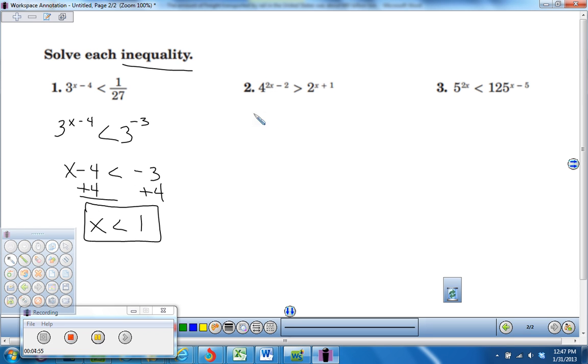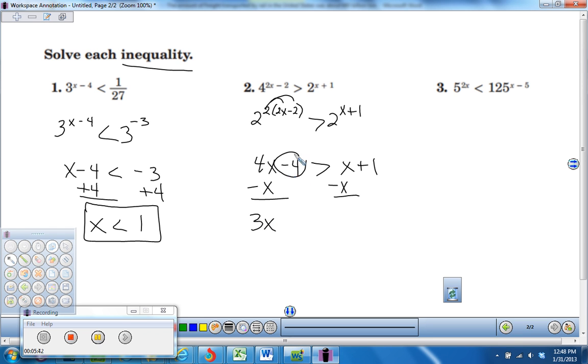Here, we don't have the same base, but we can write 2 squared, which would give us 4. Now they have the same base. Distribute the 2, so we get 4x minus 4 is greater than x plus 1. Okay, subtract x from both sides.